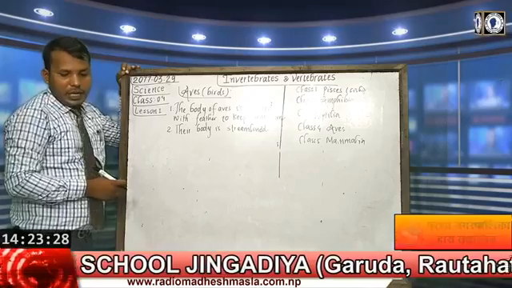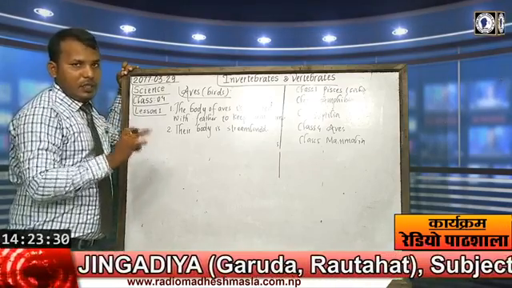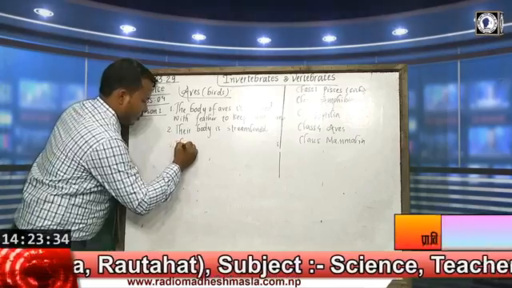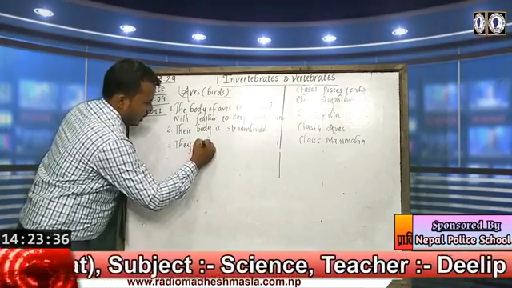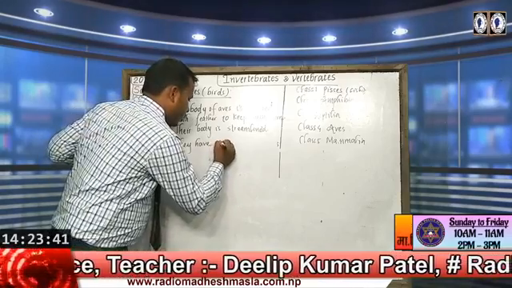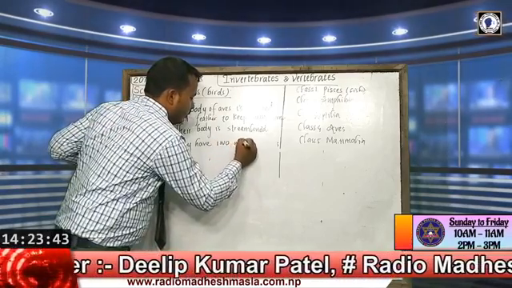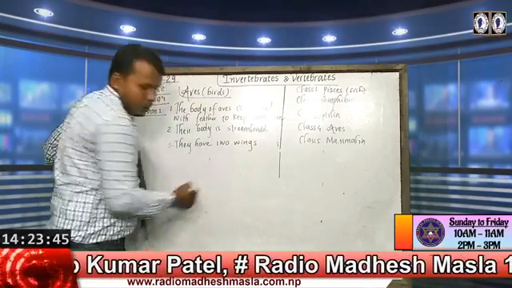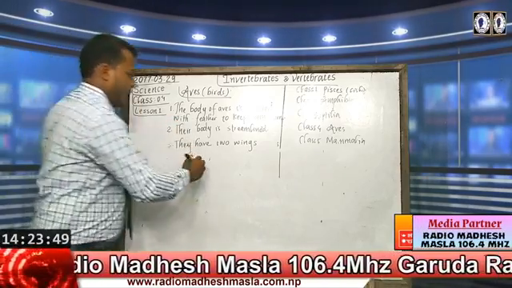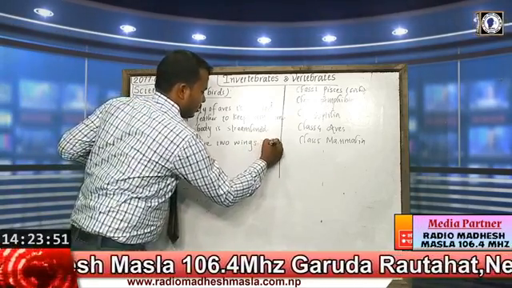Next, number 3, they have 2 wings. It means they have a pair of wings, and a pair of legs, 2 legs.